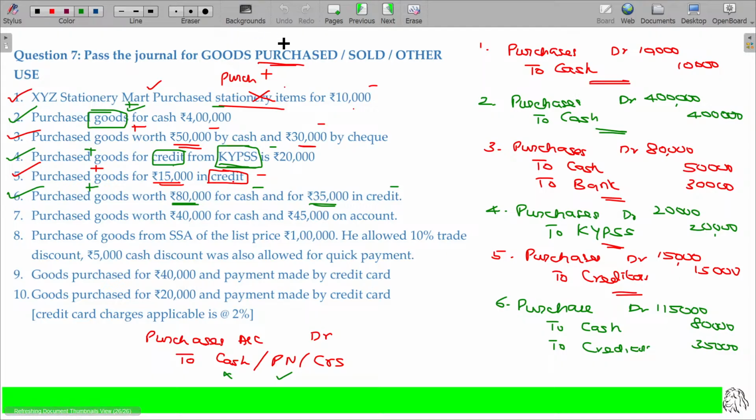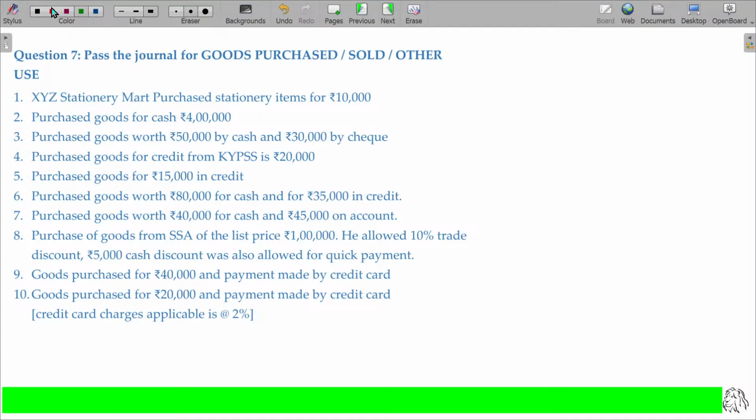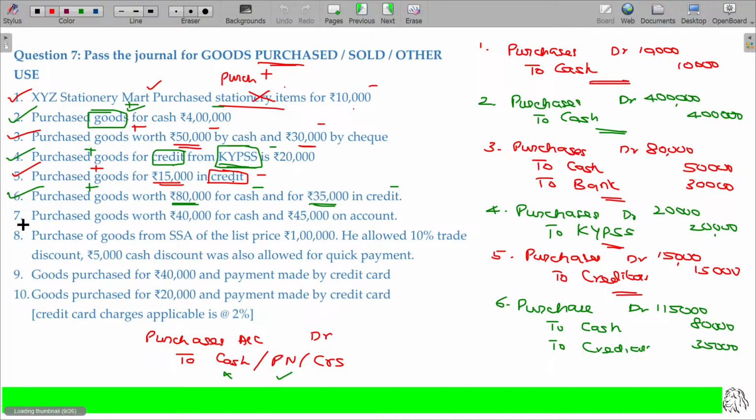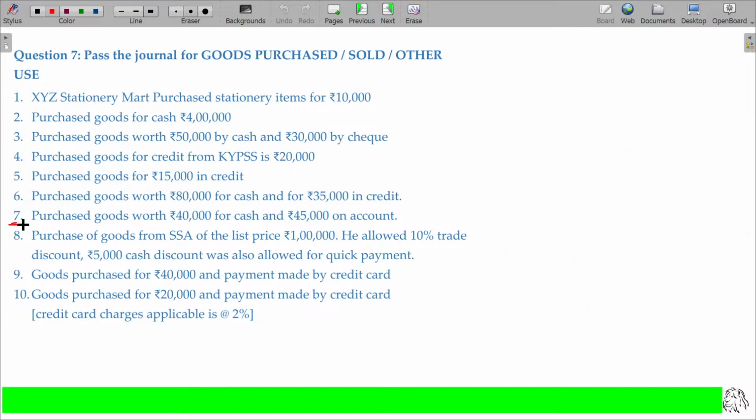Now, start with the seventh one. Up to 6 we have completed, and I now move on from the seventh one. Purchased goods worth rupees 40,000 for cash and on account.